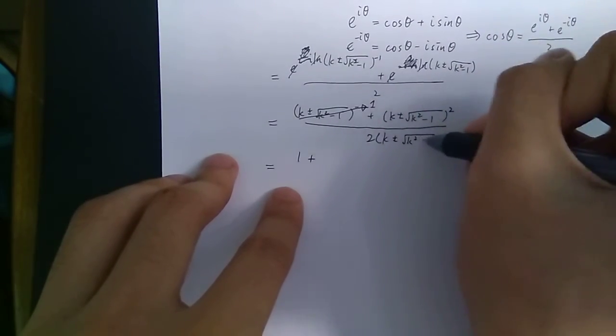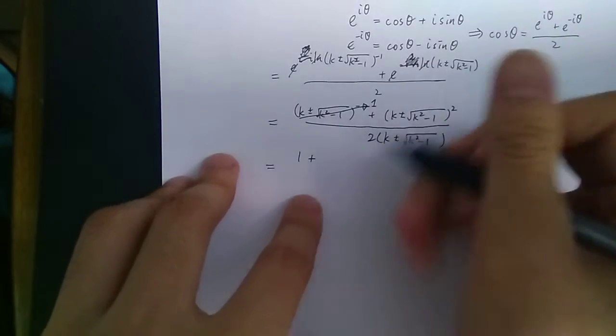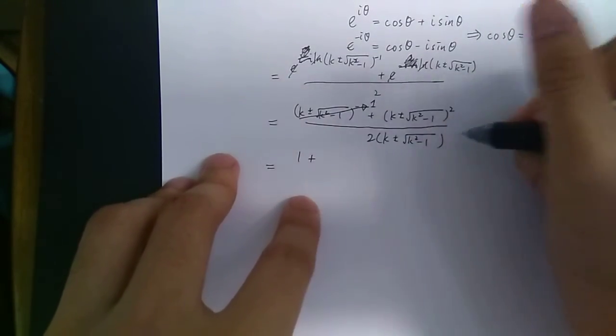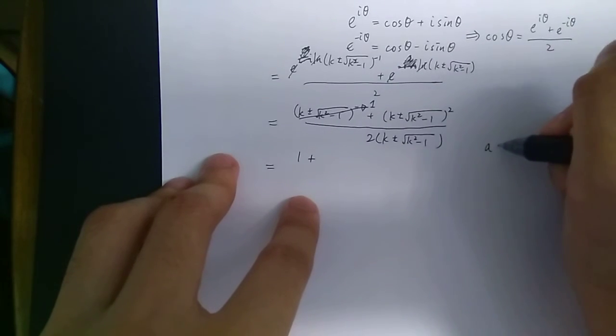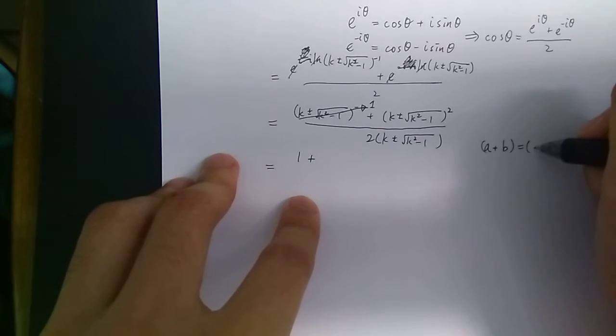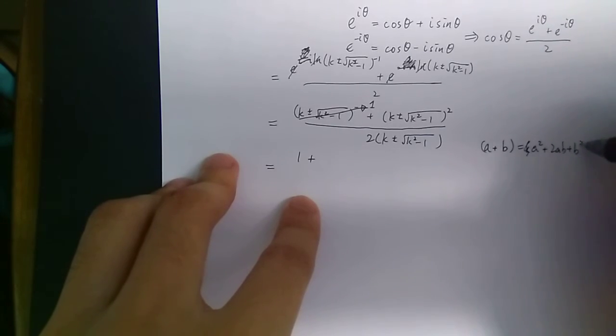Let's look at it first: it equals a squared plus 2ab plus b squared.